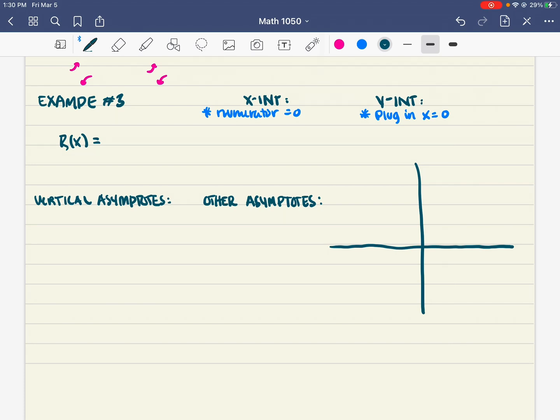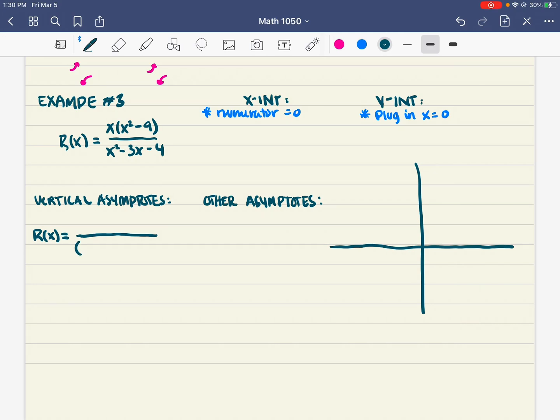Okay. Beautiful. This function is going to be x times (x squared minus 9) over (x squared minus 3x minus 4). So, vertical asymptotes first. I'm going to just factor my top and bottom polynomials so that I know if it reduces and where the vertical asymptotes are. So the bottom needs to be factored.